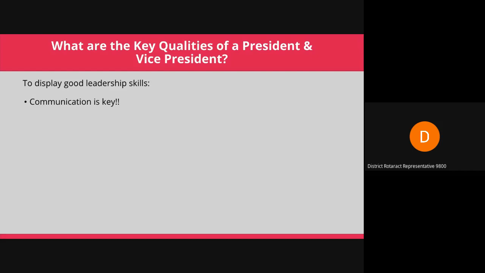Communication is really important, and communicating with your club members and your board is really important. For example, if you're the president and you've been having conversations with your sponsoring club outside of formal meetings or not with the club's email address, let your vice president know what's happening, keep them in the loop.